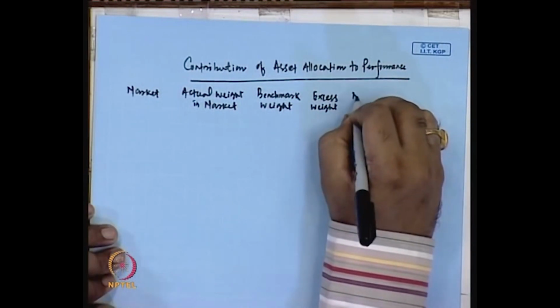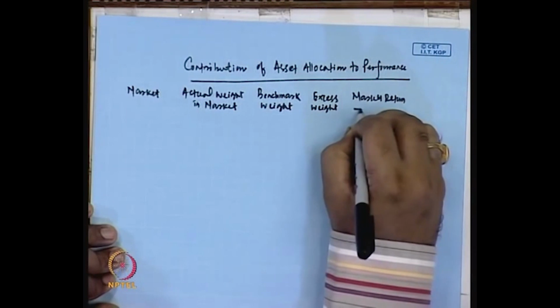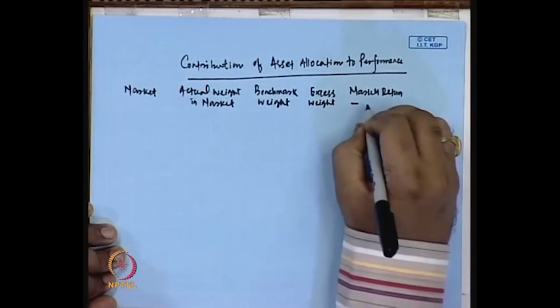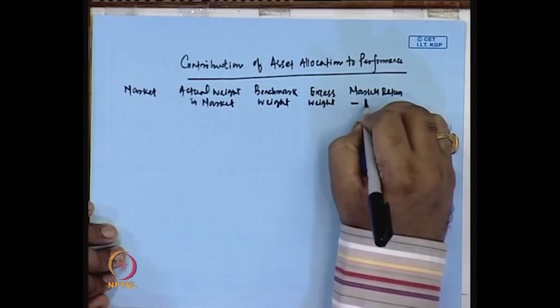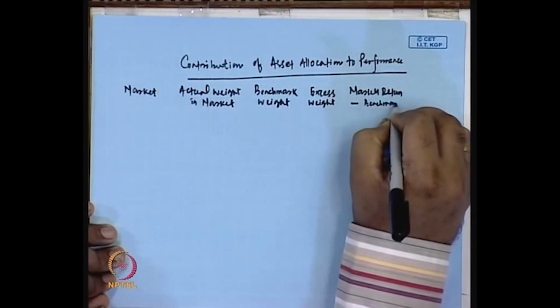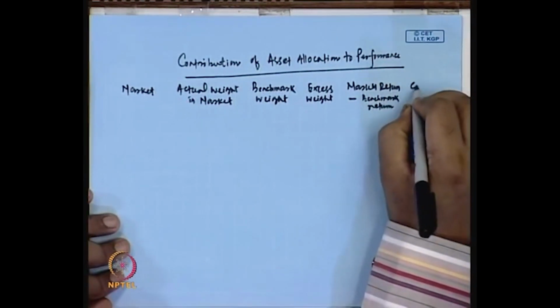Then the market return minus the benchmark return, and then the contribution.